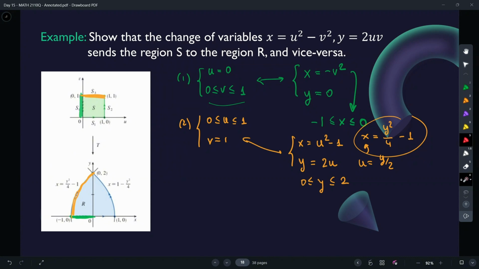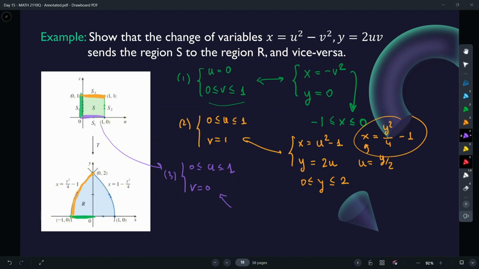And you can do the other sides. Let's do, for example, where is this one going to? That side has v is 0, and u is going between 0 and 1.